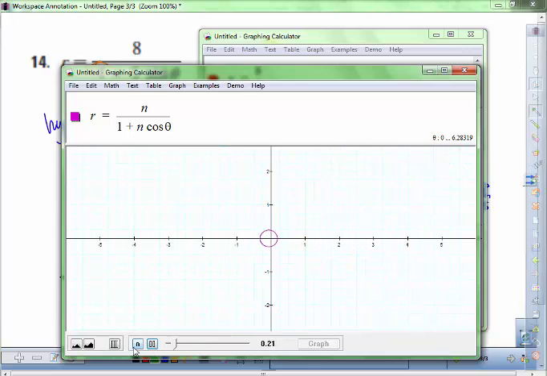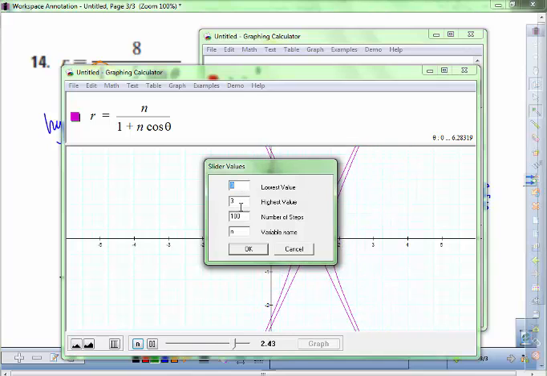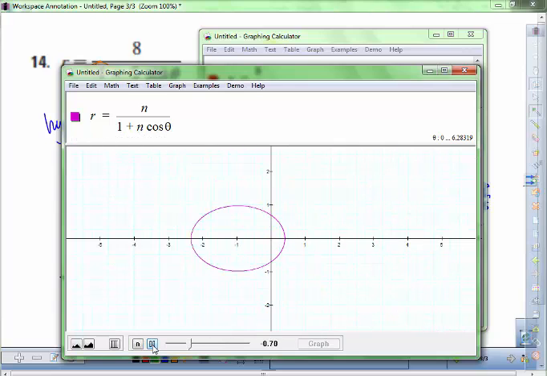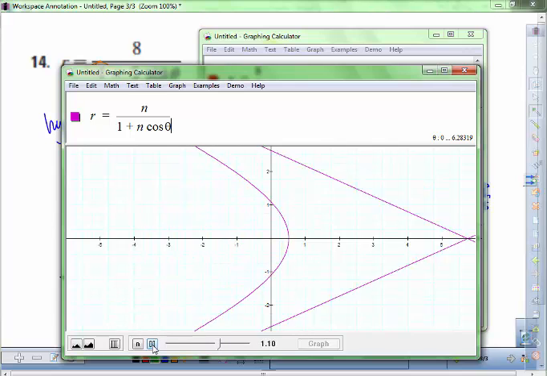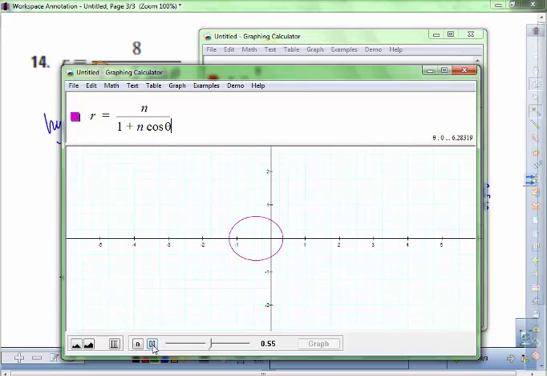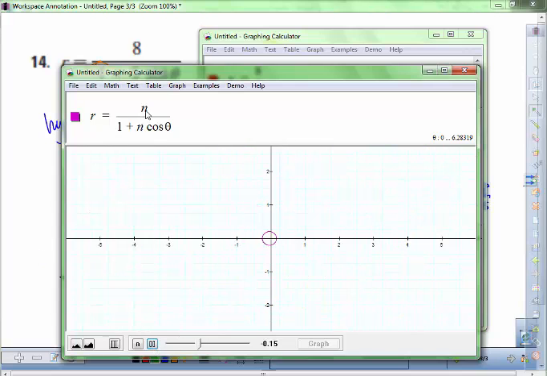And then in terms of it going in a negative direction, all that's going to do is draw your directrix on the other side. I guess it didn't. Let me just fix this to 1.